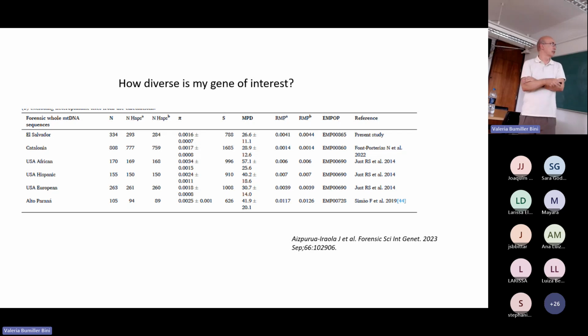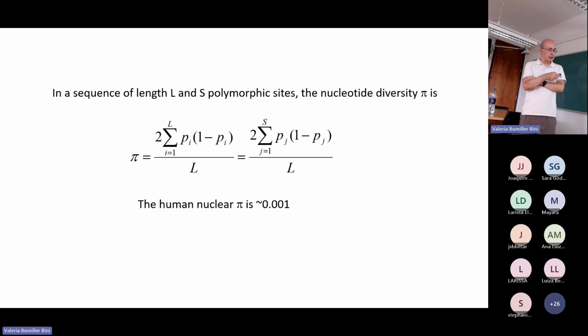Of course, this is an equation that works with biallelic SNPs or any type of biallelic marker. We could extend that, where we should then have another sum with this product for every allele.